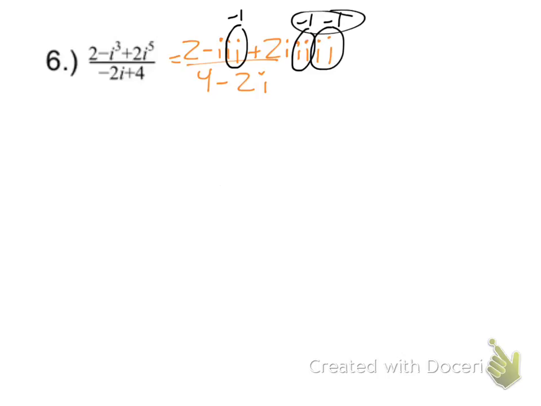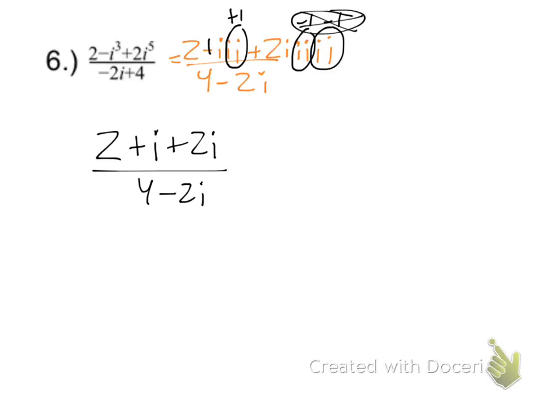These two negative 1s become a positive 1, and I don't have to worry about it. But negative and negative makes a positive, so it becomes 2 plus I plus 2I all over 4 minus 2I. I plus 2I is 3I over 4 minus 2I.